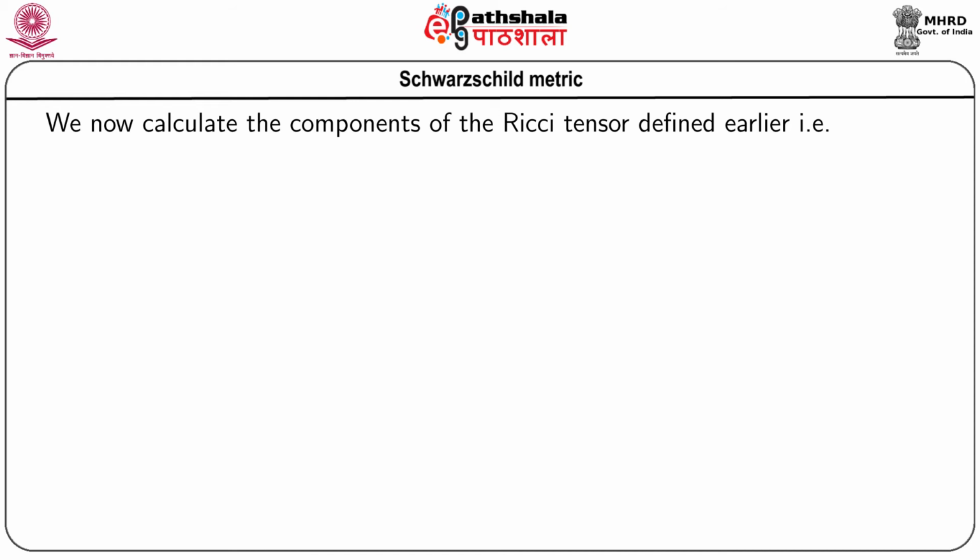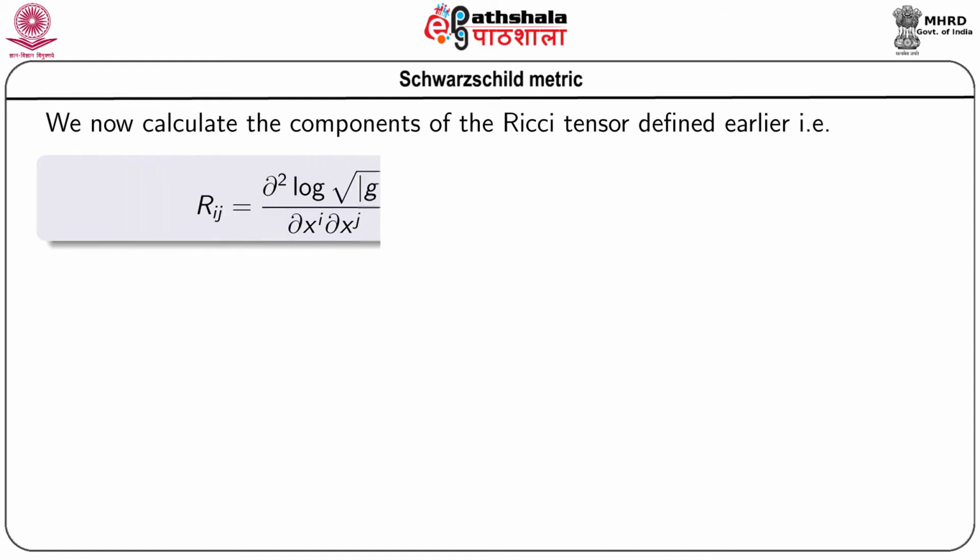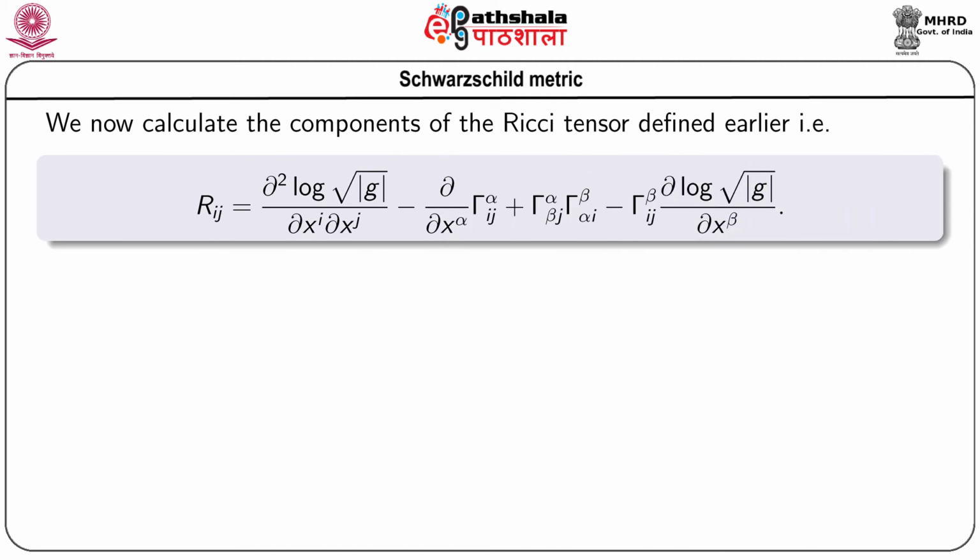So, with the help of all these Christoffel symbols of first kind and second kind, we can calculate the components of Ricci tensor, which we know is a tensor of type 02, and it is denoted by Rij.